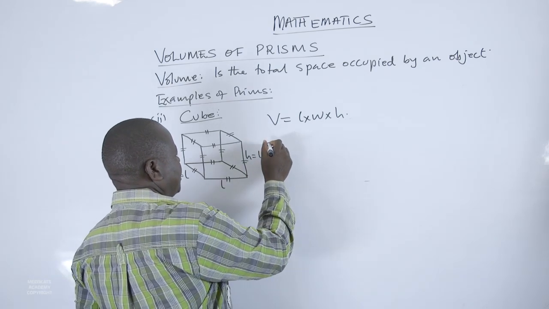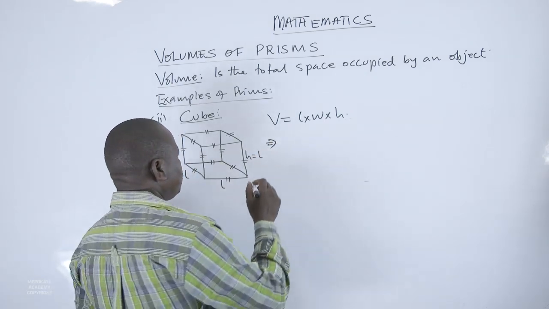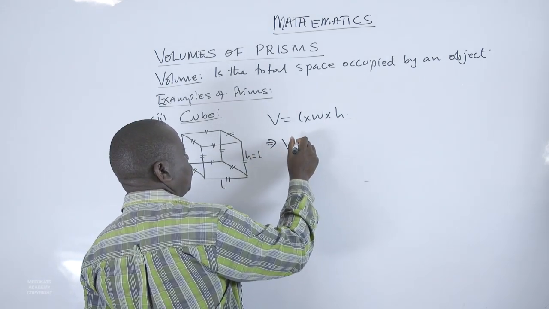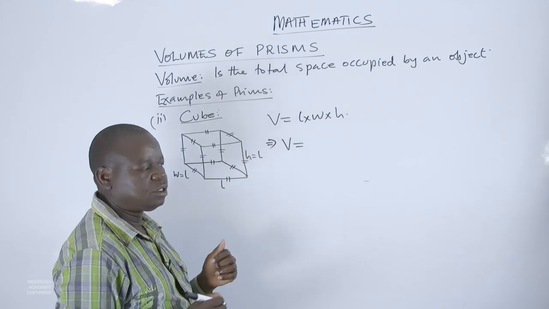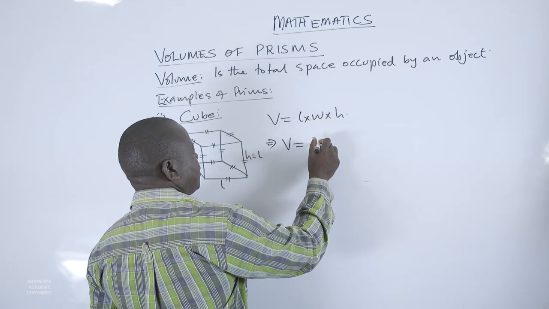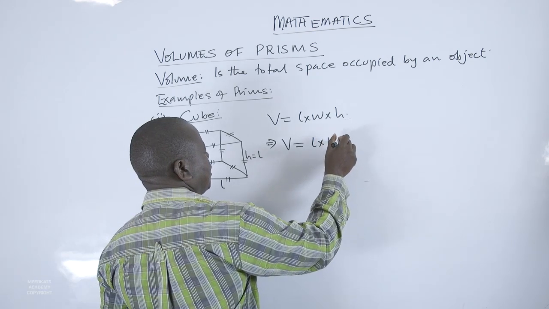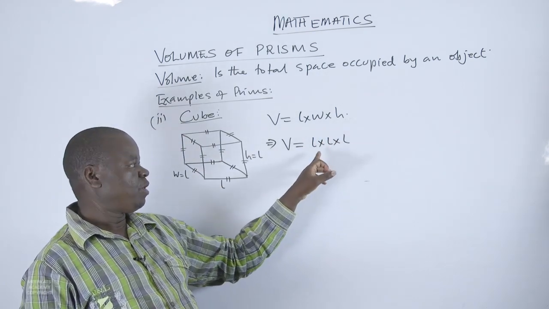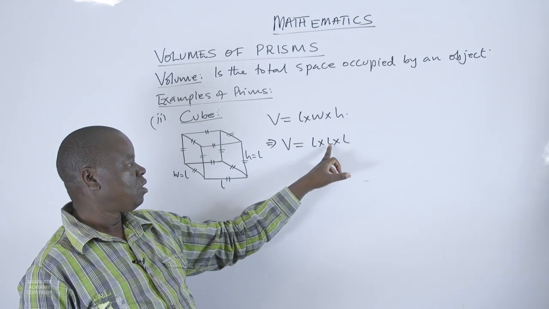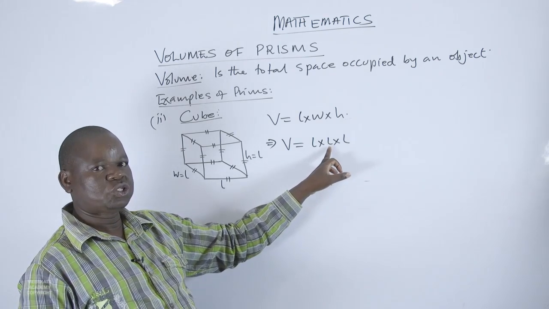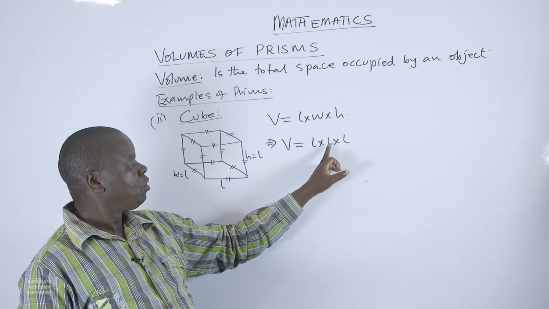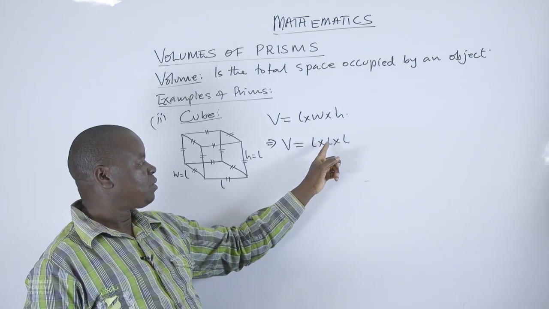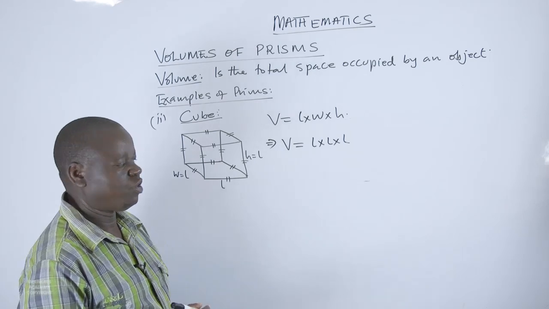So this implies that for a cube, we get volume as length times length times length. But because we have multiplication of the same variable, length times length times length, we get length cubed.